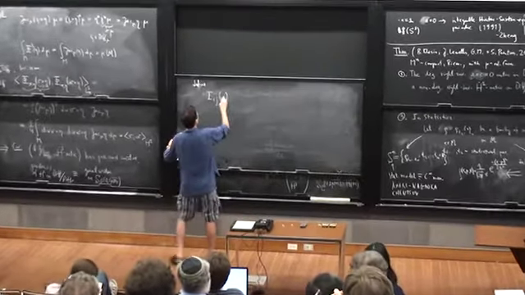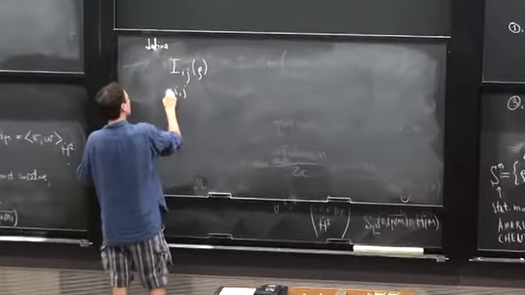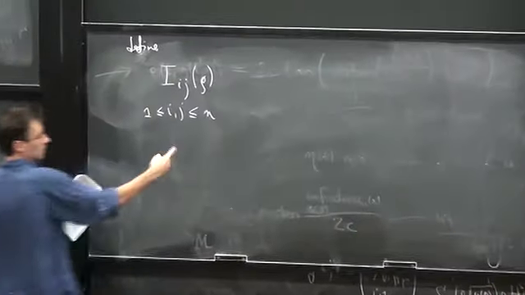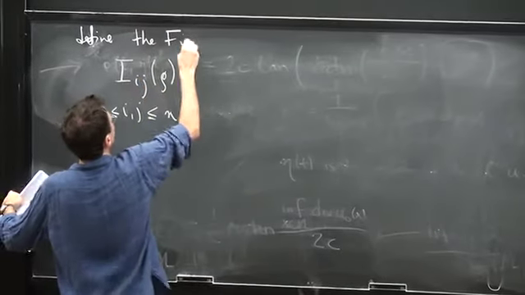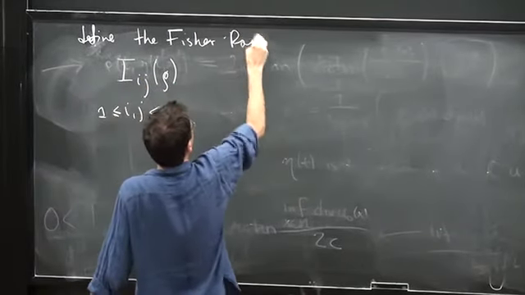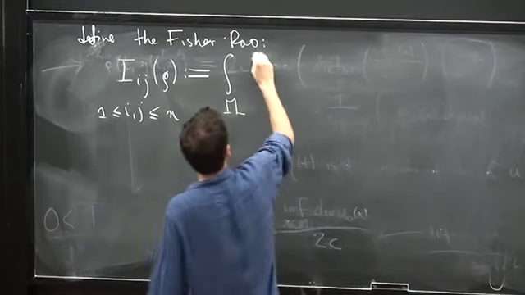This is usually denoted as I sub ij of rho, with i and j spanning the set from 1 to n. That's the Fisher-Rao information, which is defined as an integral over m.